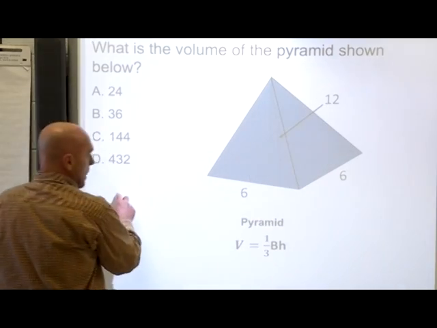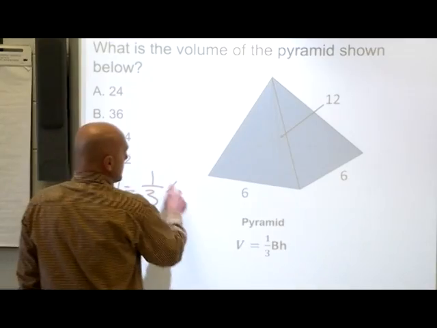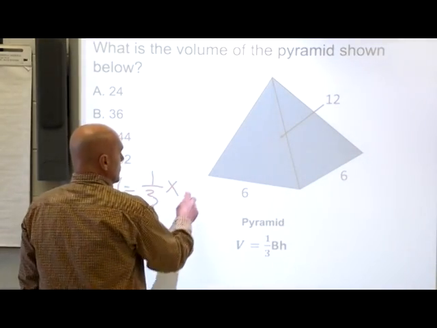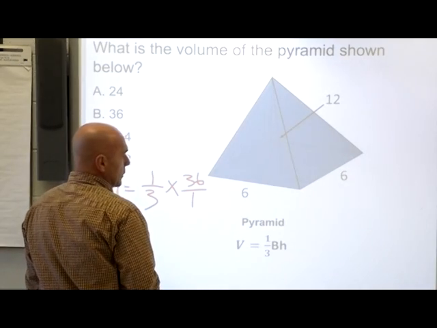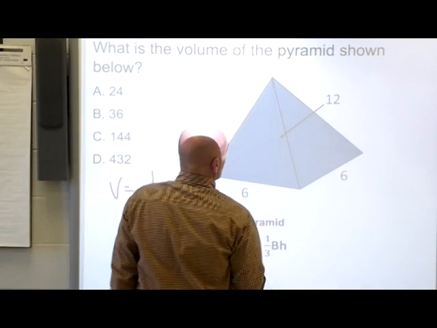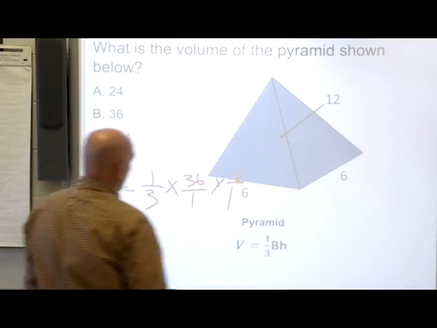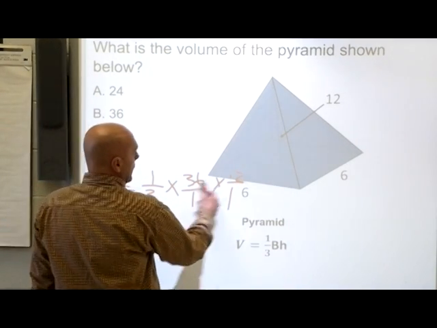So if we set this up, we're going to have the volume equals 1 times the base. The base is 6 times 6, which is 36. There's some different ways you can do this. I prefer to set it up as a fraction all the way, times 12, the height, over 1. Now, if we look at this, we can do some cross cancellation. 3 will go into either one of these.